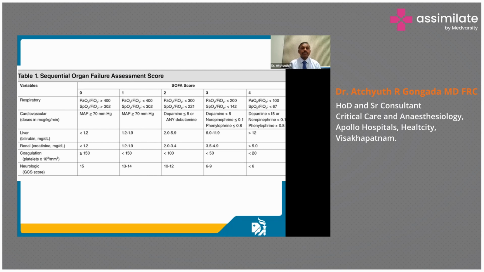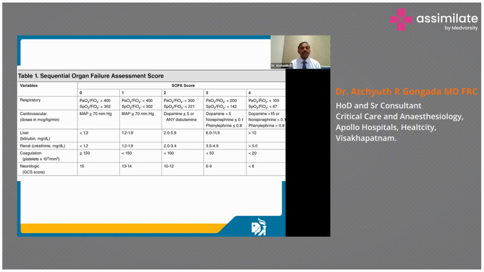In the cardiovascular system, you look at mean arterial pressure and the dependence of the patient on inotropes or pressors, as you can see on the screen. In the liver, you look at the bilirubin: less than 1.2 gets 0, 1.2 to 1.9 milligrams per deciliter gets 1, 2 to 5.9 gets 2, 6 to 12 gets 3, and more than 12 gets 4. For renal, we take creatinine in milligrams per deciliter or micromoles.